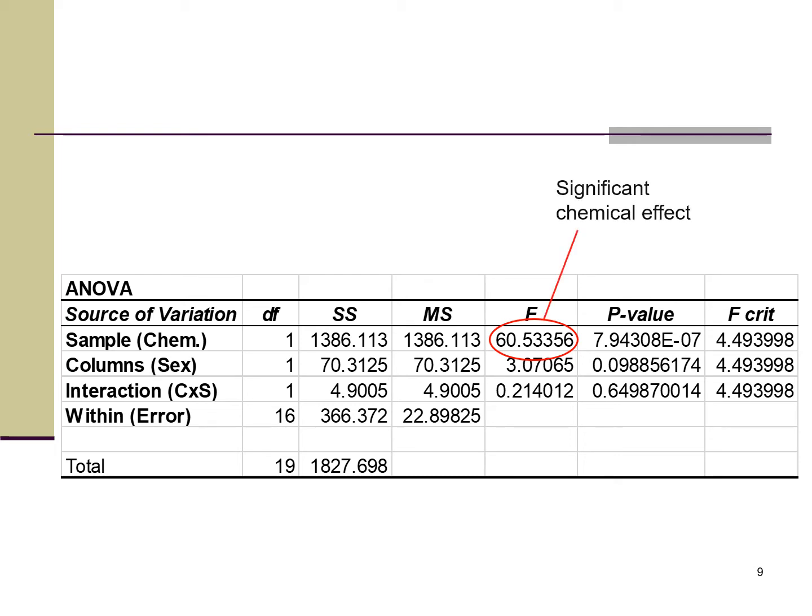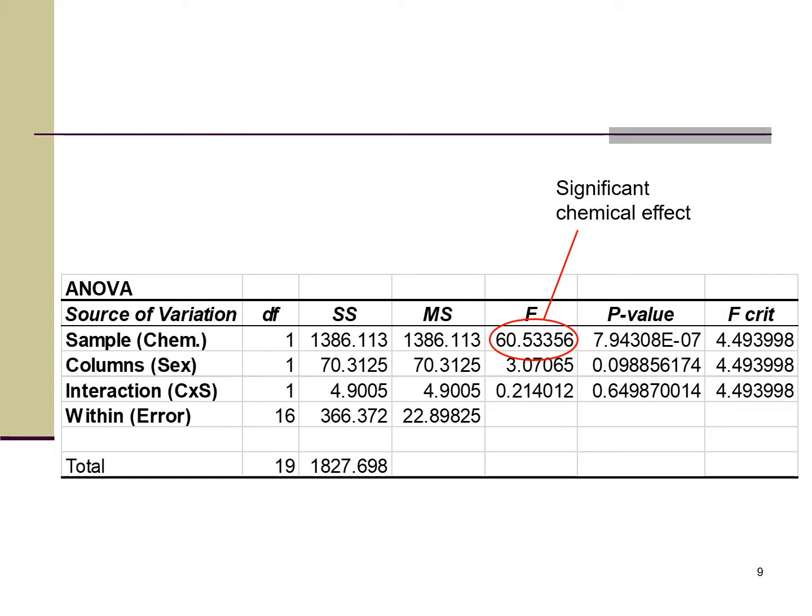How are we doing that? Well, this is just showing you that there's a significant effect, apparently, because you see we have the degrees of freedom in the first line. Each one of our variables has a degree of freedom of 1.